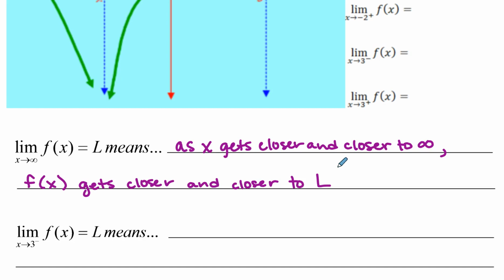It's getting closer and closer to that height. You can say it gets infinitely close to L. I just didn't want to say infinitely close to infinity because I thought that sounded a little confusing.